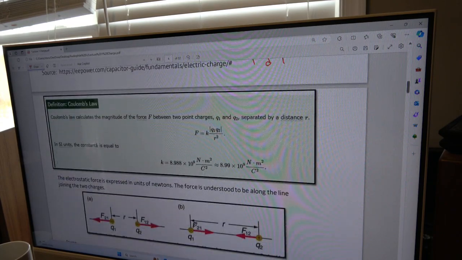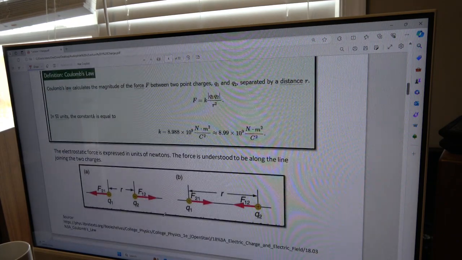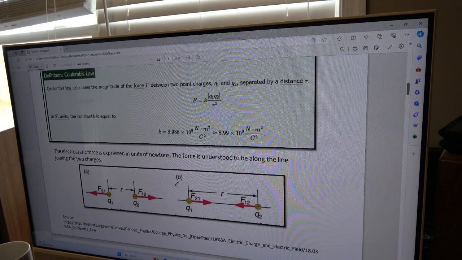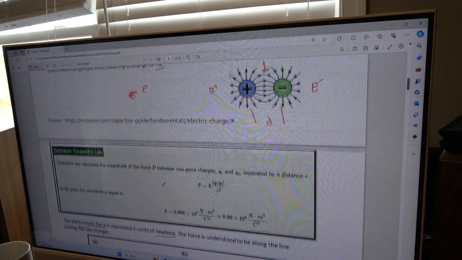Moving right along. Now, that's a good segue, as I just mentioned. An electrostatic force, is what we call it, is expressed in units of newtons. Now let me go back here.